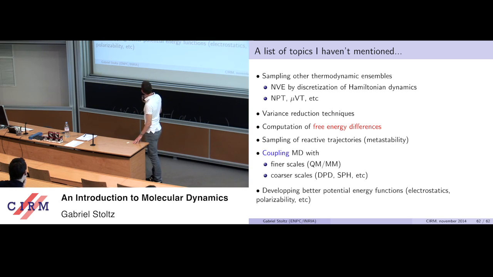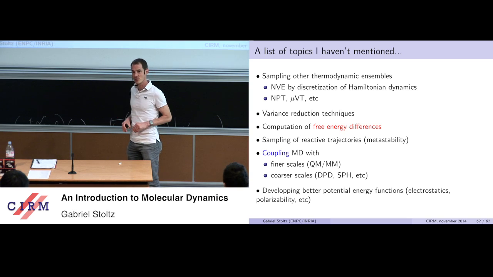There is also the sampling of reactive trajectories, so trajectories where you see something relevant happening, like a molecule which changes its shape. There is also the coupling of molecular dynamics with the finest scales, so some quantum mechanical computations in some part of the system where you have some chemistry happening, because molecular dynamics is nice, but it's for systems which are more or less chemically inert. You don't see bonds changing all the time in molecular dynamics simulations, except for some very specific potentials.